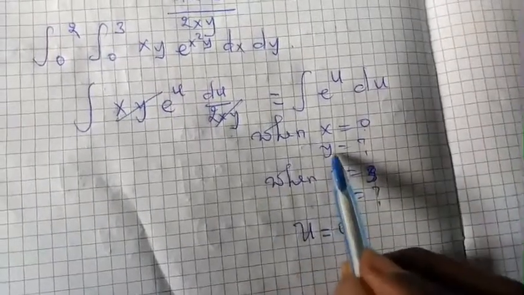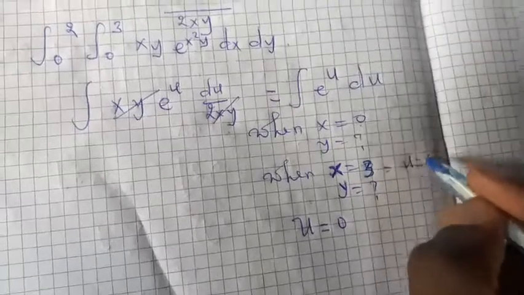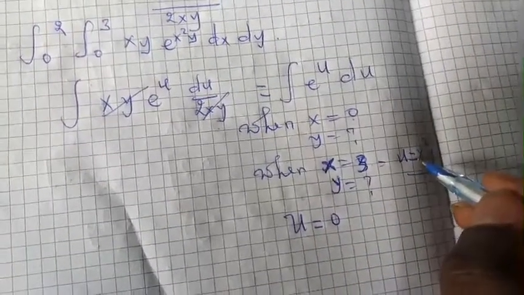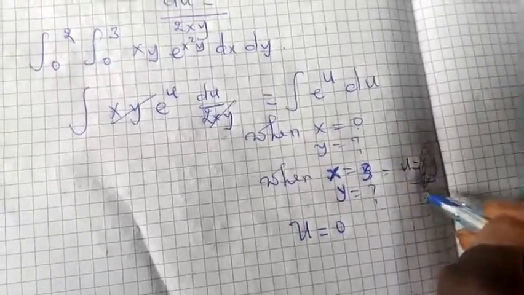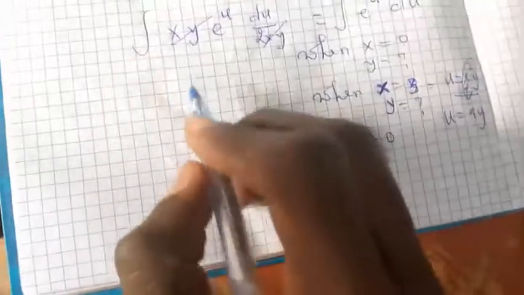If x is equal to 3, here we will get u, which is equal to x squared y. So if we replace x with 3, then u will be equal to 9y.